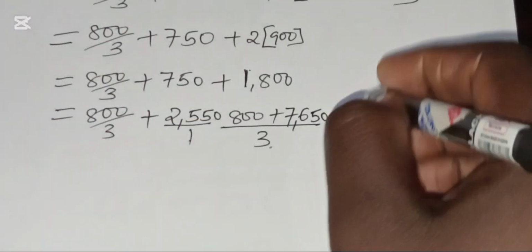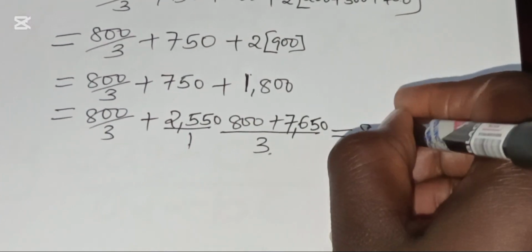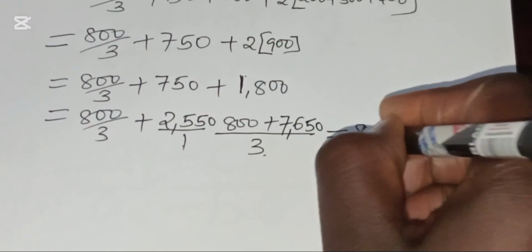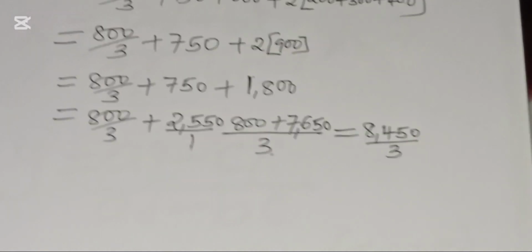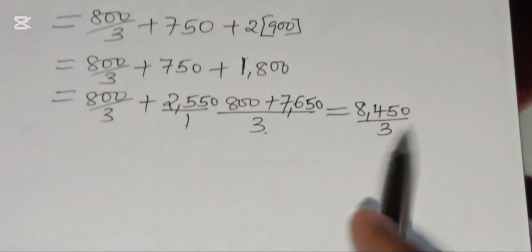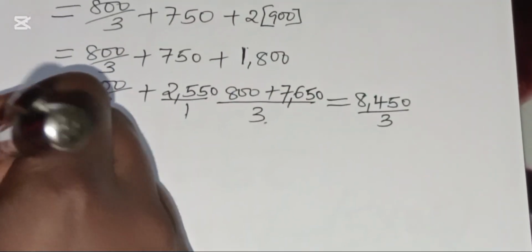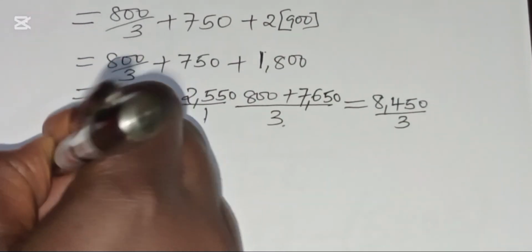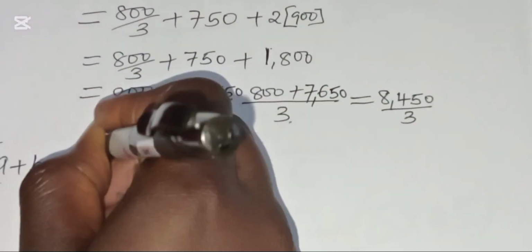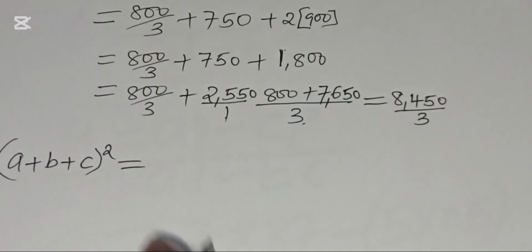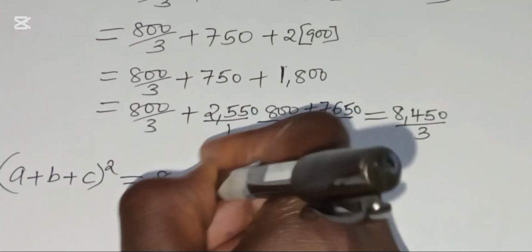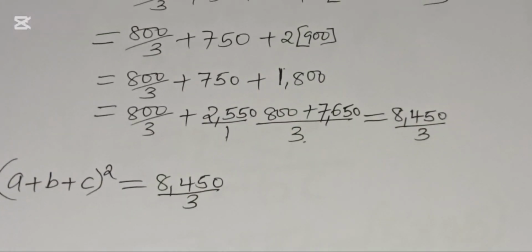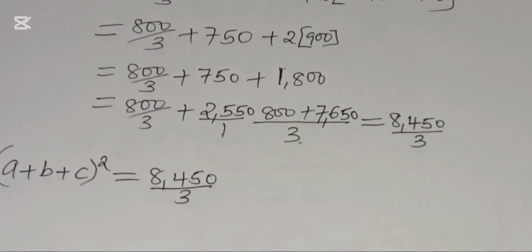This is giving us a value of 8450 divided by 3. Now from here, we have that a plus b plus c squared is equal to 8450 divided by 3. So that is the value of a plus b plus c squared.